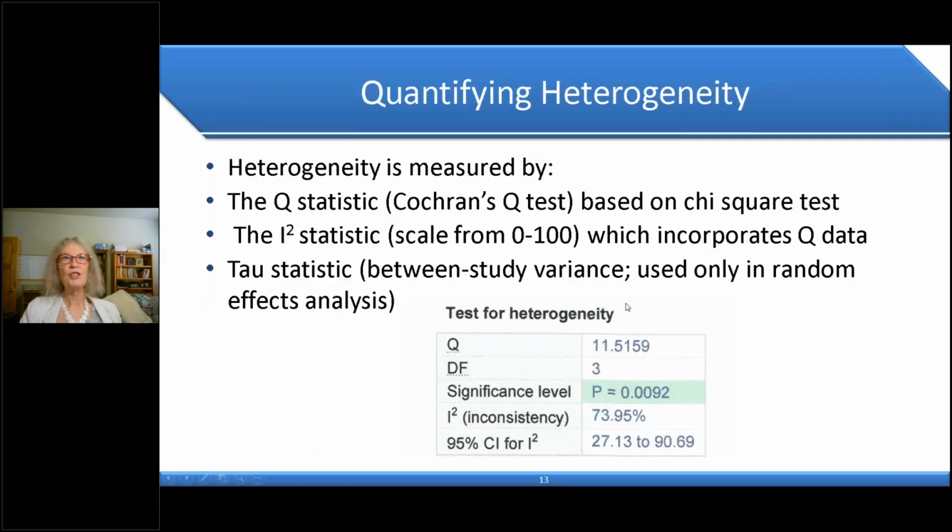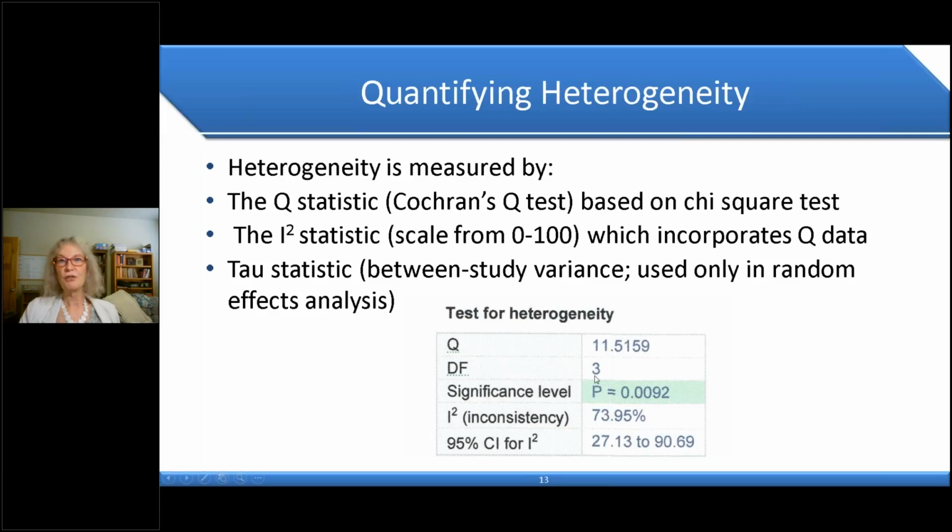So heterogeneity we could think of as this issue of when studies vary hugely in terms of their outcomes of intervention versus control groups. And typically it's measured by something called the Q statistic, which comes from the Cochrane's Q test, which is in turn based on chi-square. So if you look at this little box here, here's the Q value.